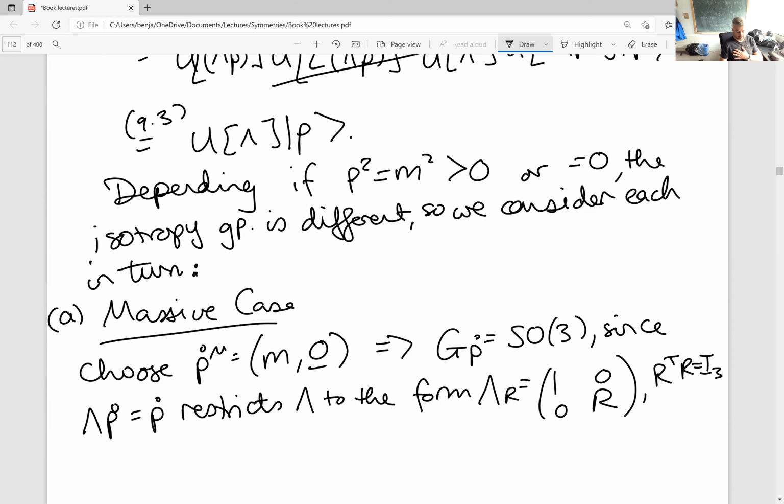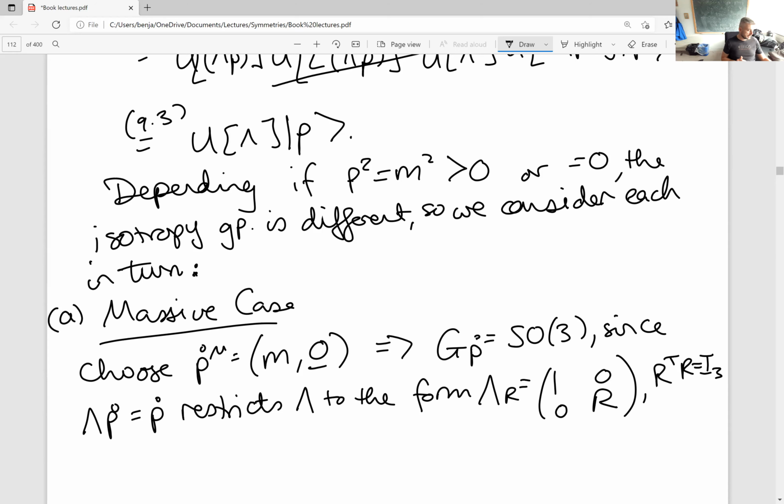Now, strictly speaking, we could have some reflections and things, but we're considering cases that are continuously connected to the identity. We'll see right at the end of the section how we deal with things like parity transformations, which are not continuously connected to the identity.